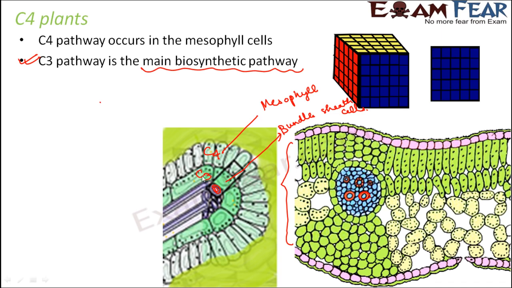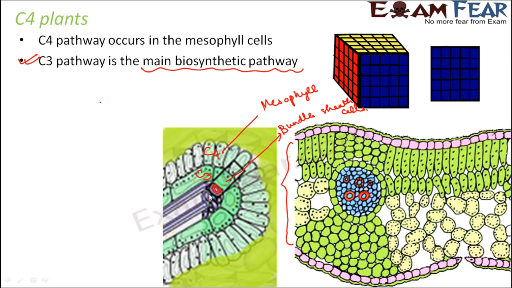In bundle sheath, C3 cycle takes place, sugar gets synthesized, and then again transportation happens from bundle sheath to mesophyll cells. So that is how the cycle takes place in case of a C4 plant. So both the C3 cycle as well as C4 cycle, both of them take place. Right? So C4 pathway occurs in the mesophyll cells and C3 cycle occurs in the bundle sheath cells.